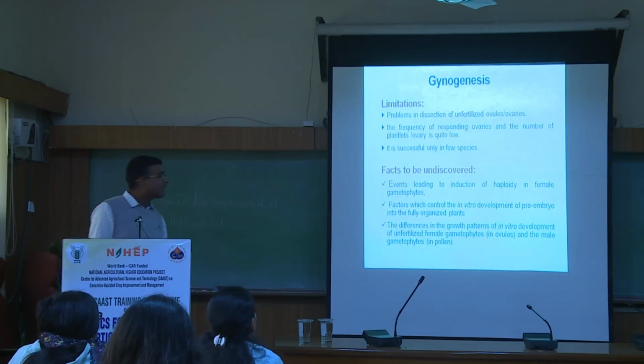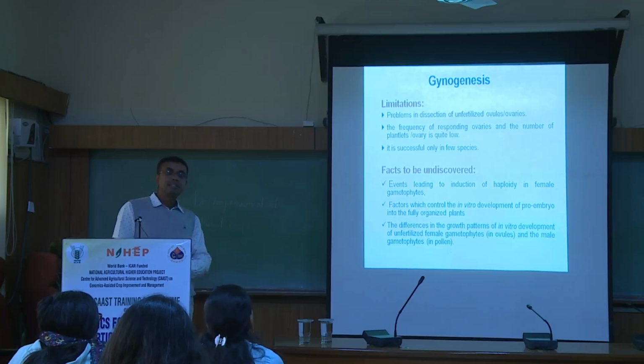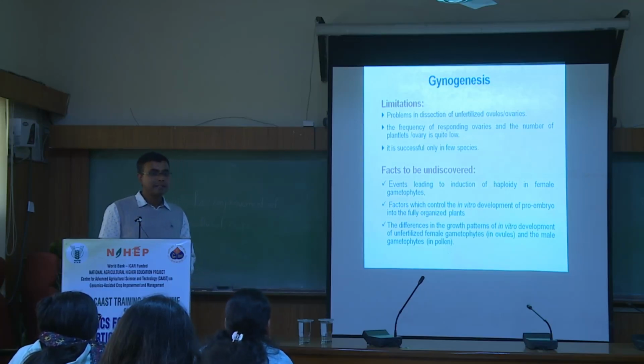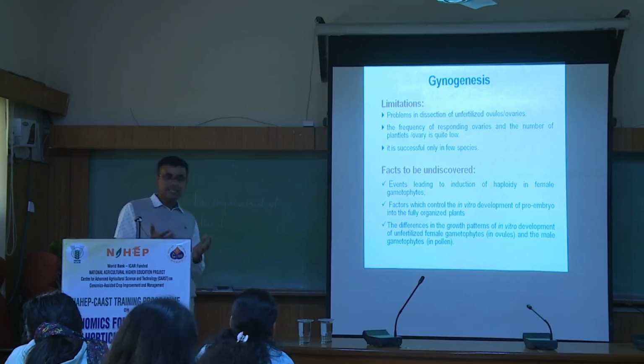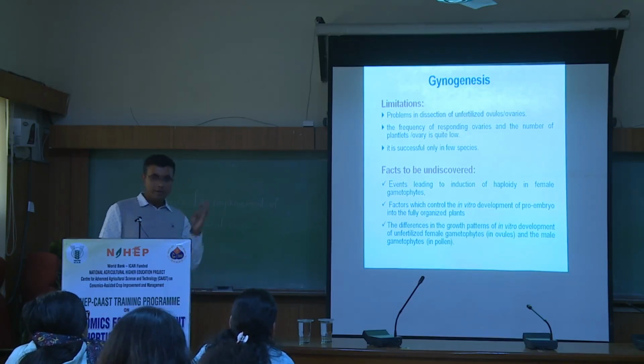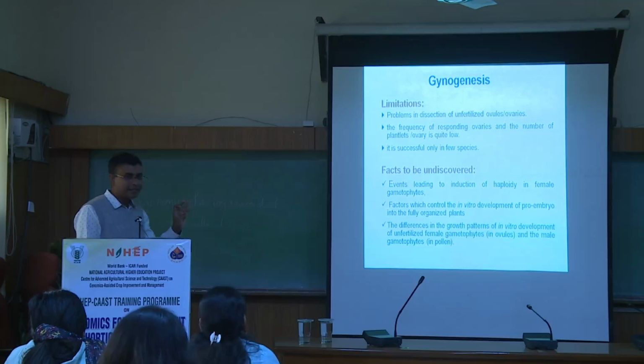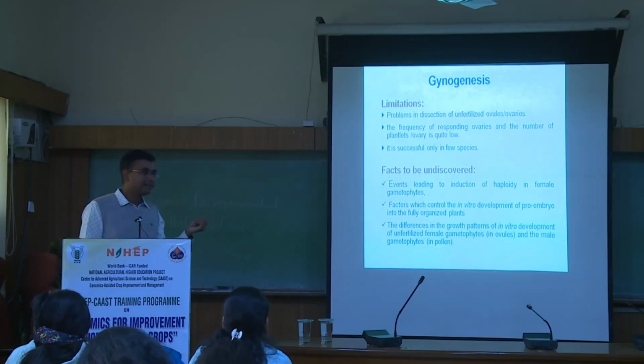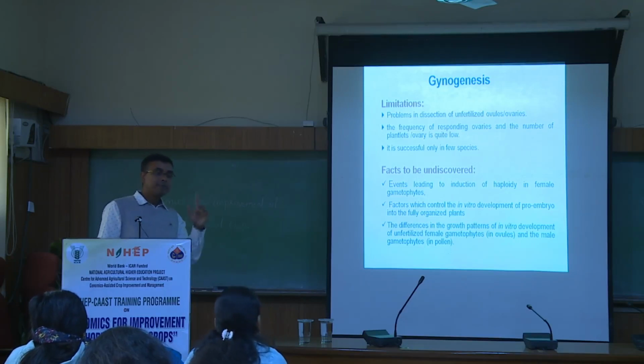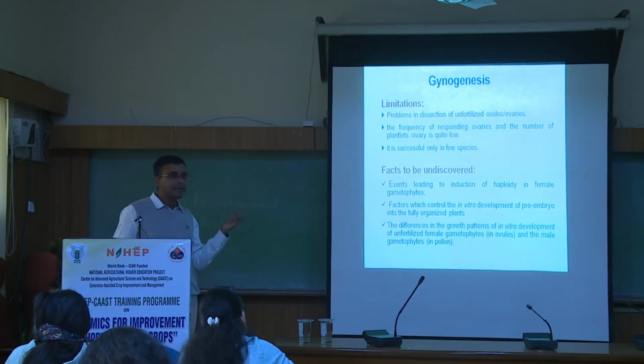But the thing is that androgenesis and gynogenesis are genotype specific. In case of gynogenesis, what is a successful example? Onion. Onion cannot be done through androgenesis. And a successful example of androgenesis is brassicas, but brassicas are not suitable for gynogenesis.